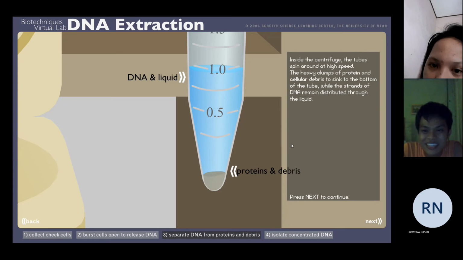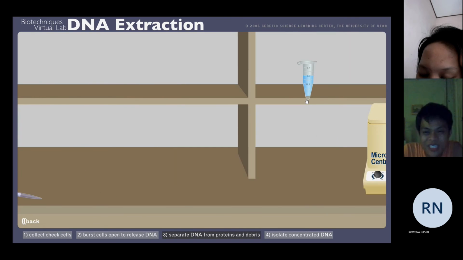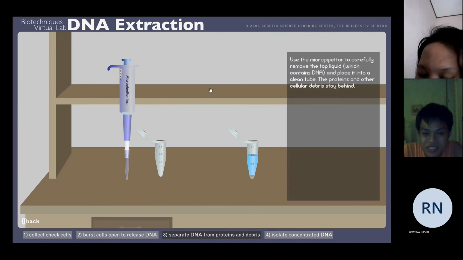Inside the centrifuge, the tubes spin around at high speed. The heavy clumps of protein and cellular debris sink to the bottom of the tube, while the strands of DNA remain distributed through the liquid. The proteins and debris have separated, so they are no longer scattered in the solution. They sank with the help of the centrifuge.